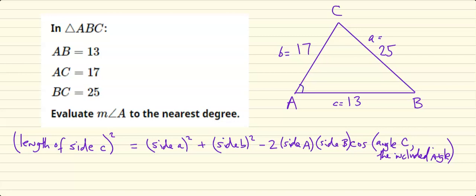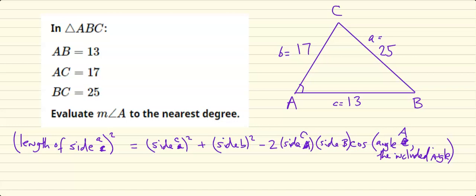So I'm going to change this to an A, little a, and this would be side C squared plus side B squared, and then side C times side B.